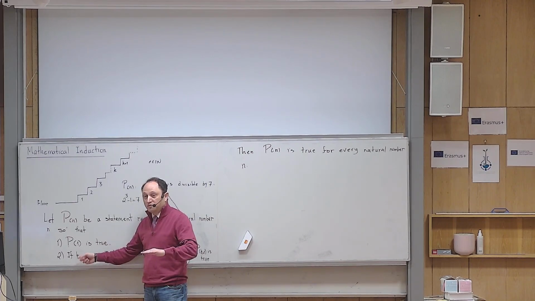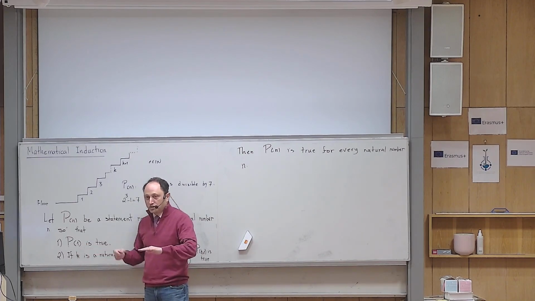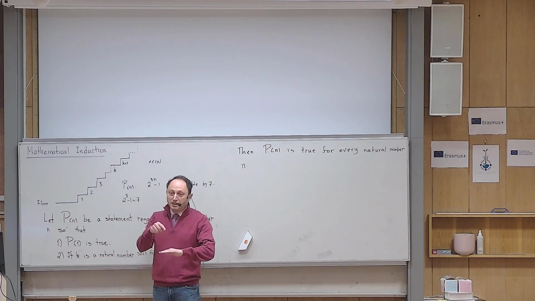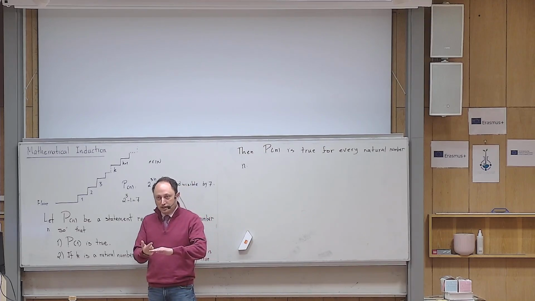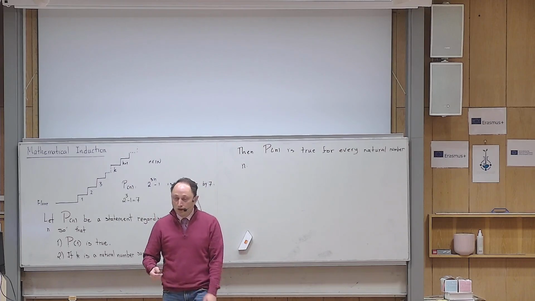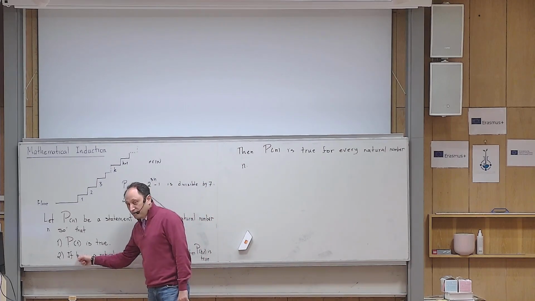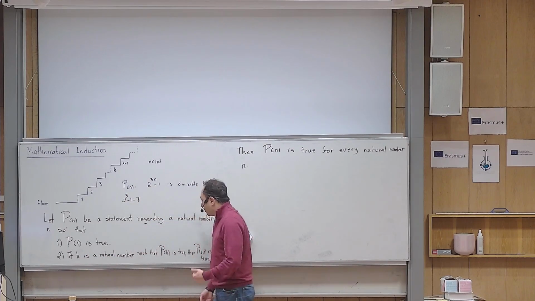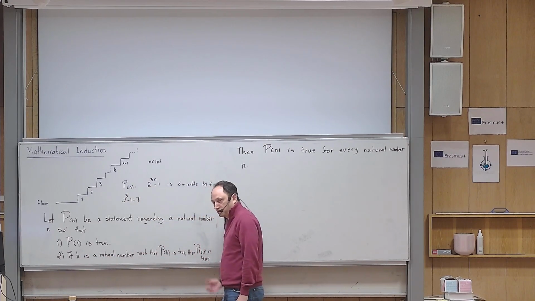I can choose whatever I want for k. So now I choose k to be 1, so I go to the next level 2. Now that I am on level 2, I choose k to be 2, so it will help me to go to level 3. Okay, so you should say that whatever k is, for every natural number, you should show me that you can go from this step to the next one.